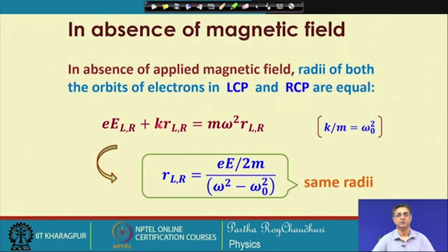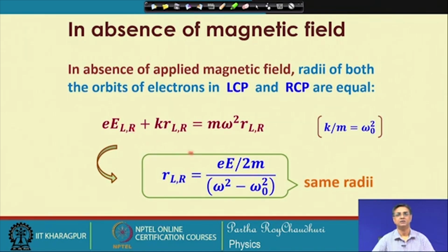K is the restoring force constant and m omega square r is the necessary centripetal force to balance this centrifugal force, which will balance this equation. So, from here we get that R_L, R_R, that is the radii of the left handed motion of the electron and right handed motion of the electron, will have the same radii.